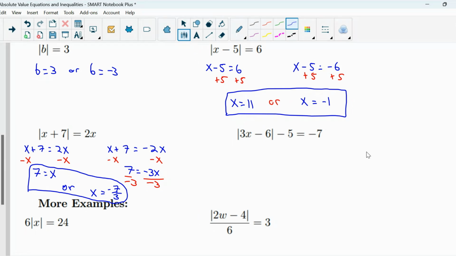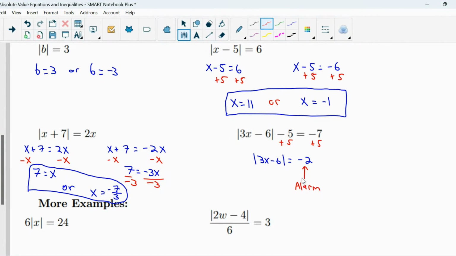With the next example here, we have to start by isolating our absolute value. So let's add 5 to both sides. And that leaves us with the absolute value of 3x minus 6 equals -2. So the first thing here is we should be alarmed since the value outside of our absolute value is negative.